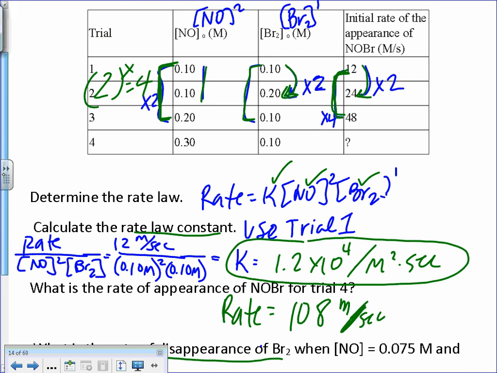You see how it's expressed? Appearance of the product, NOBR. So if we have the rates in reference to NOBR, how do we reference it back to bromine? Molecularity, the ratios, and that's what we did last week. So I just want to pull these two together for you.